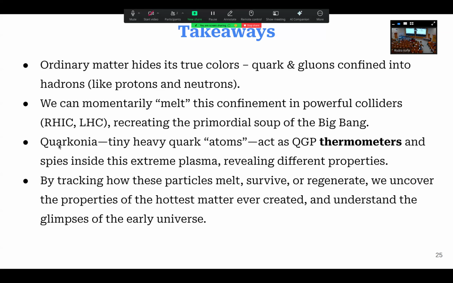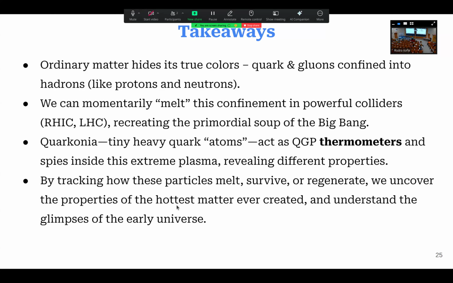And Quarkonia, quark and anti-quark pairs, or tiny heavy quark atoms, they act as thermometers and spies inside this extreme plasma. And we can track different properties of these particles to uncover the properties of the hottest matter ever created, and we can understand a glimpse of the early universe through this study.